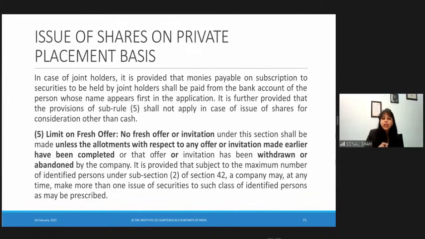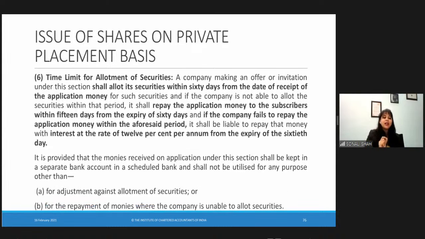Where there are joint holders, the payment will be made from the bank account of the person who is named first in the application. Next point is, a company cannot issue a fresh offer till allotment or withdrawal or abandonment of the previous application has taken place.